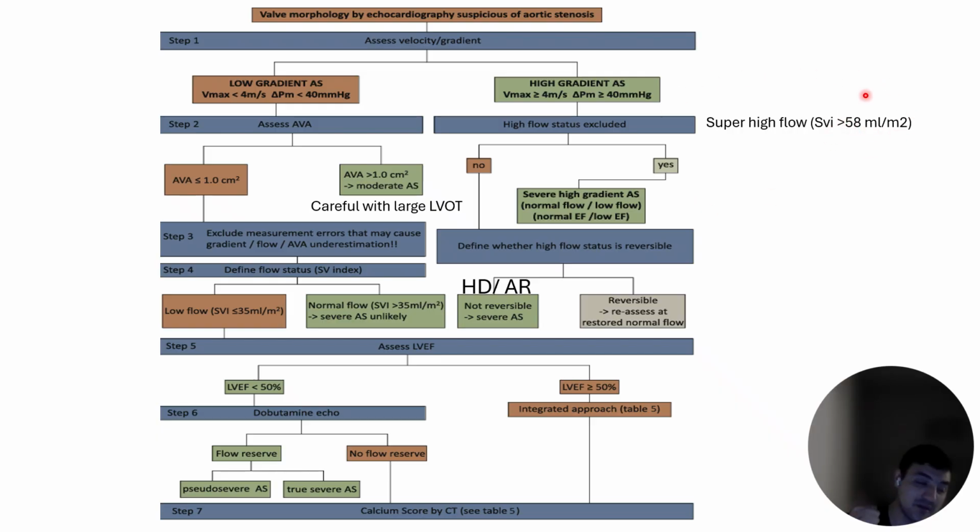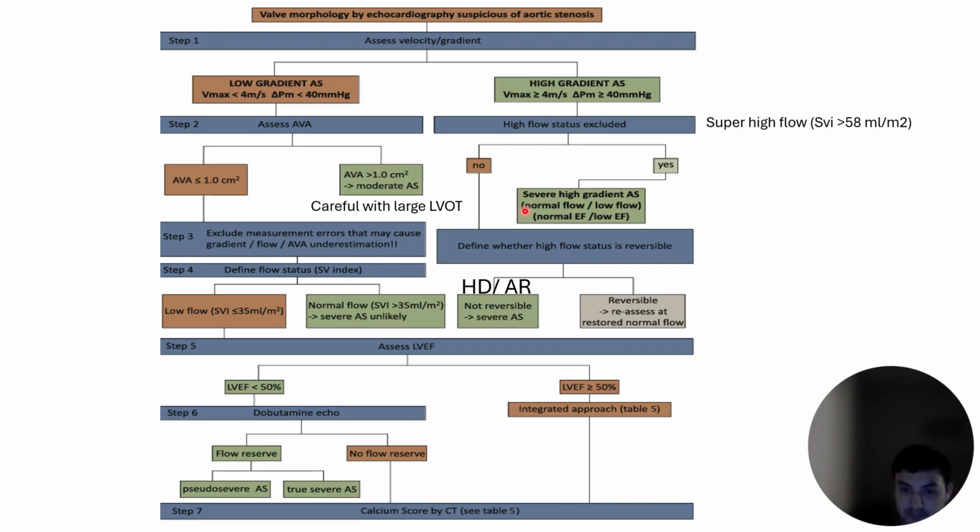The patient, for example, has fever, anemia, pregnancy, or hemodialysis. You have to make sure this is not a high flow status, but the patient has aortic regurgitation. This is high flow status. That tells you it's a high gradient because of those pathologies, so you may not have severe aortic stenosis.